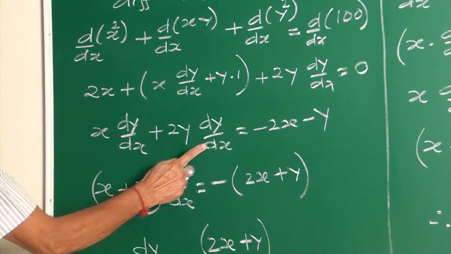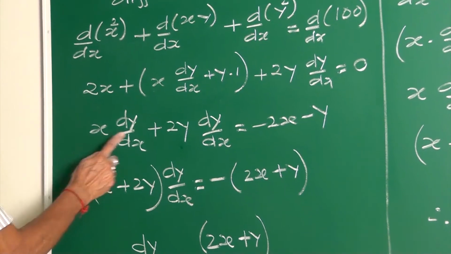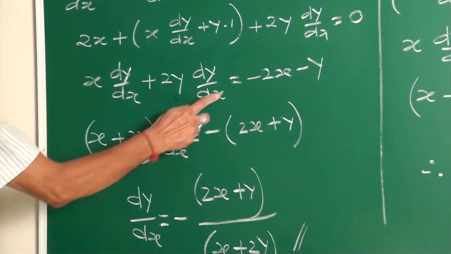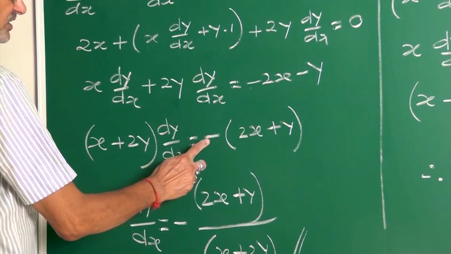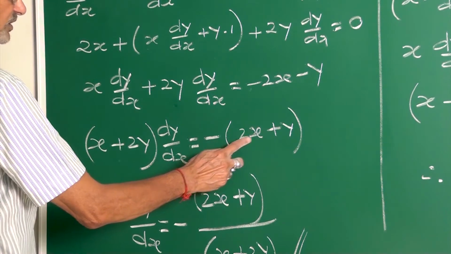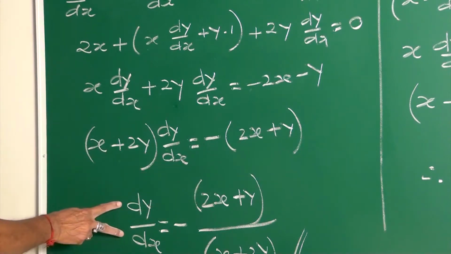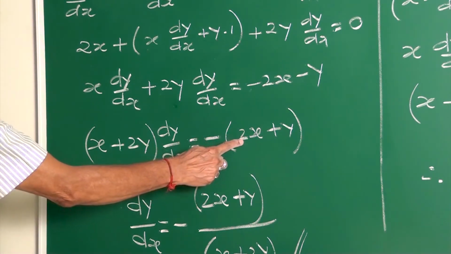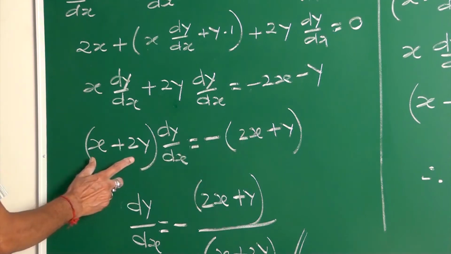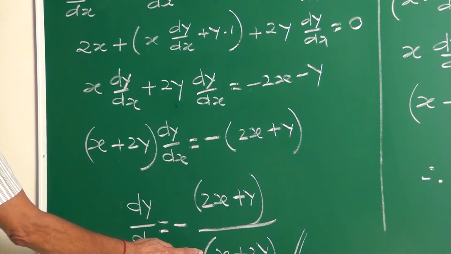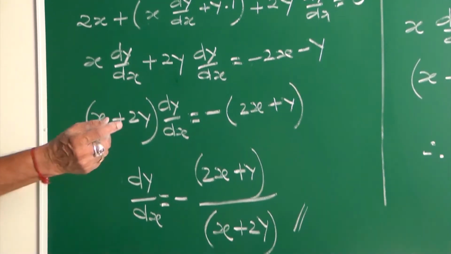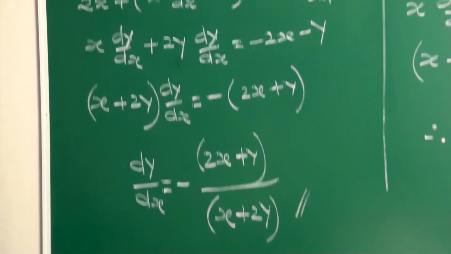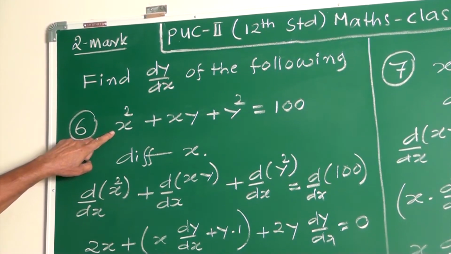Further, dy by dx is common: x plus 2y equal to, this minus is taken outside, you are left with 2x plus y. Therefore, dy by dx equal to minus (2x plus y) upon (x plus 2y). Yes, my friends. Correct.